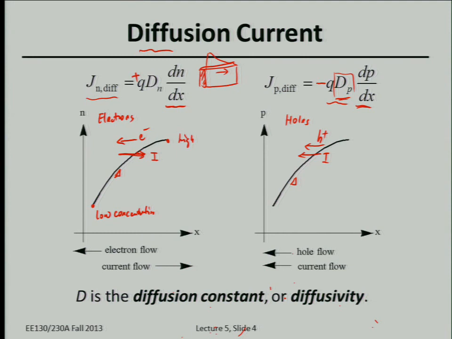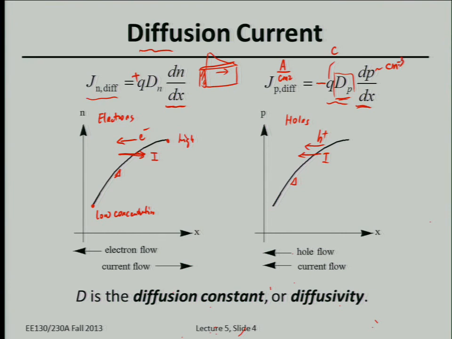If you want to keep track of the units involved in this expression: the current density is the areal current value, right? It should have a unit of ampere per centimeter squared. The unit of charge is coulomb. The gradient, when we talk about carrier concentration, is a volume concentration, per cubic centimeter.